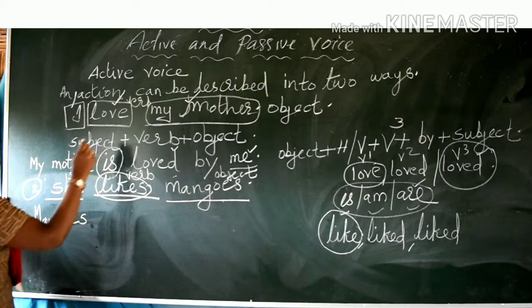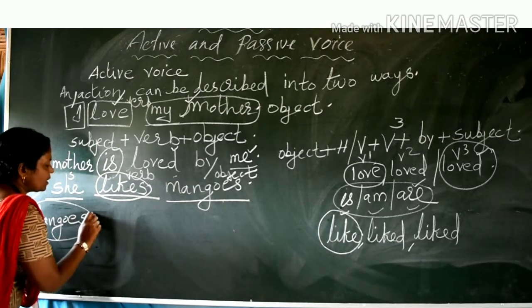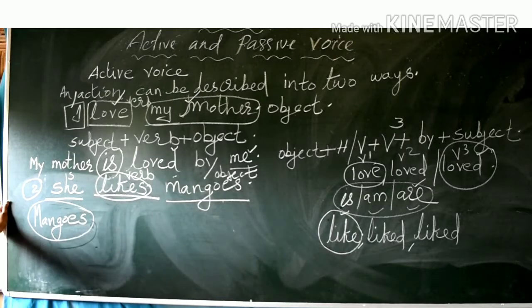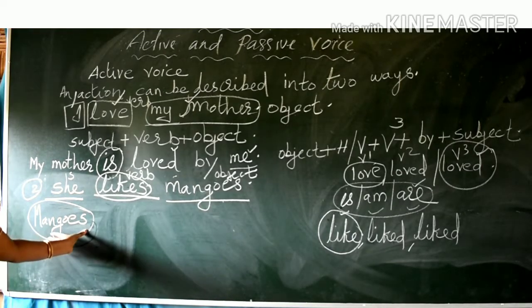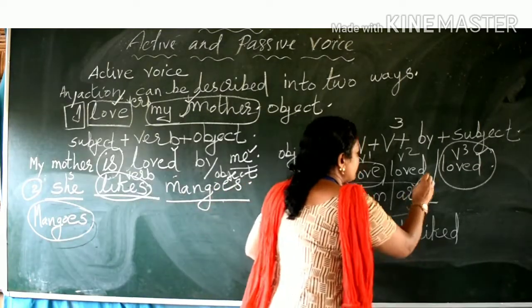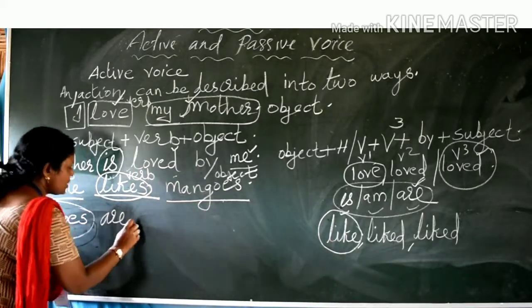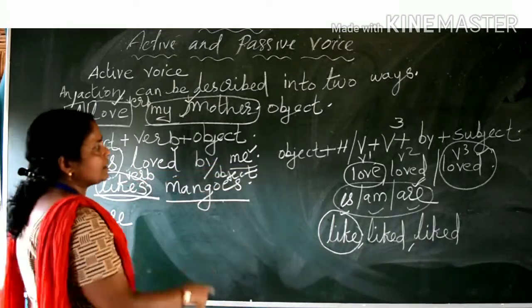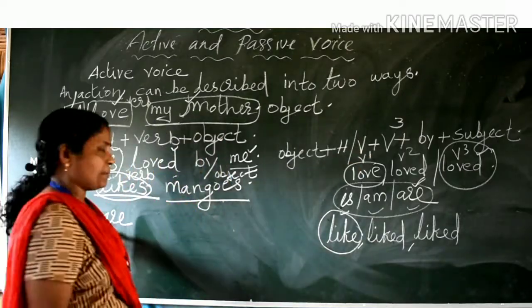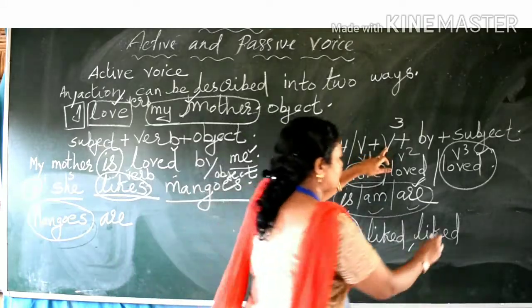And the object becomes the subject. After that we will see whether it is singular or plural. Singular means only one, plural means more than one. So mangoes, you know it is more than one. So "mangoes are." Object plus helping verb, meaning auxiliary verb, plus the third form of the verb, "liked."